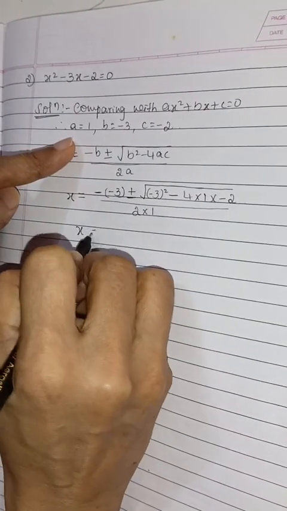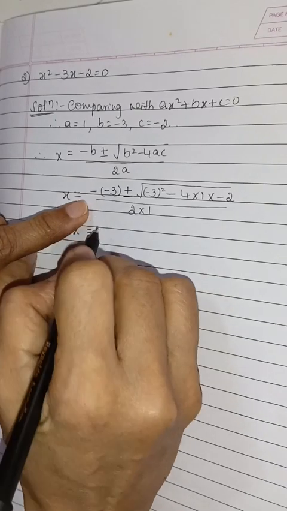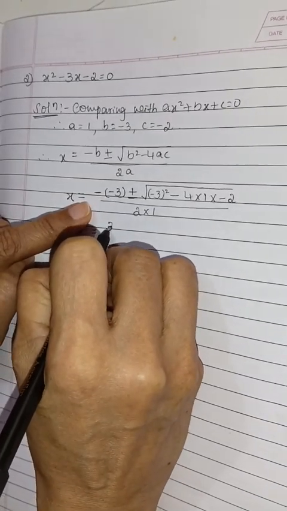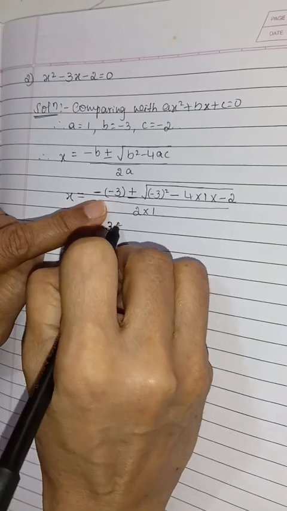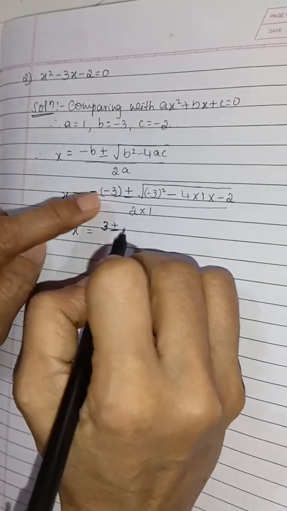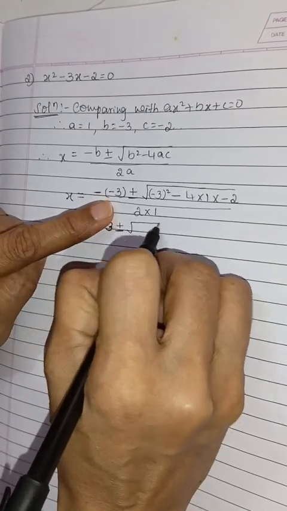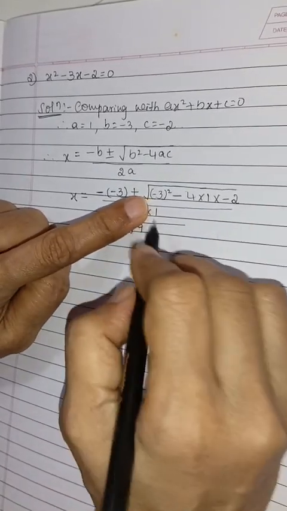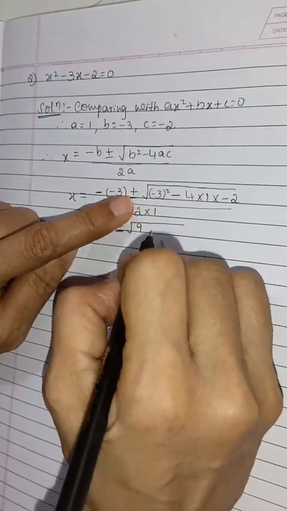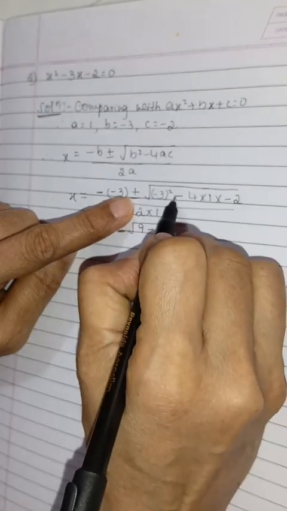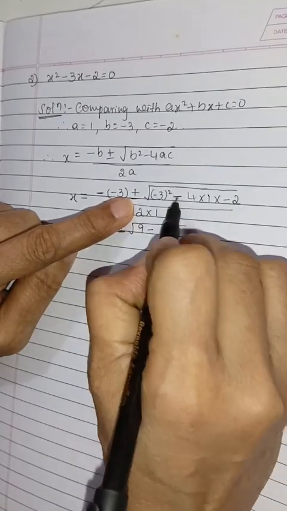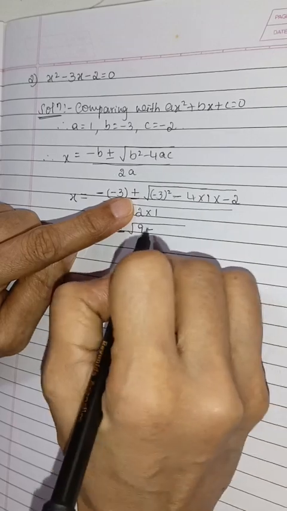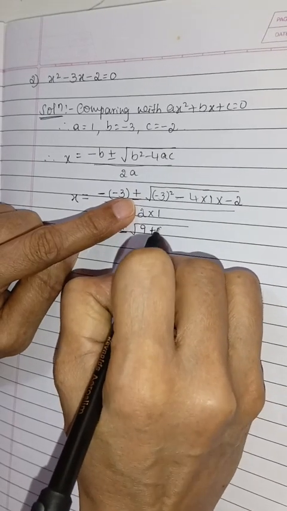x is minus of minus 3 means what? Plus 3, no? 3 plus or minus square root of 3 3 is a 9, minus 3 multiplied by minus 3 is plus 9, minus here one minus, plus 4 2 is a 8, 8 1 is a 8, so plus 8.